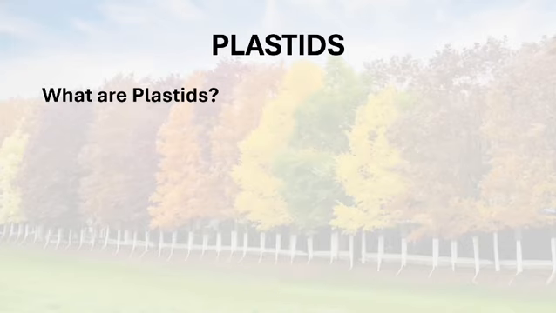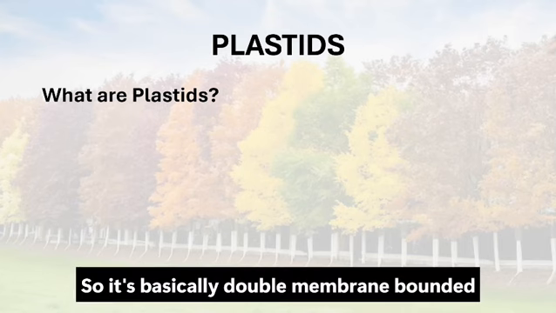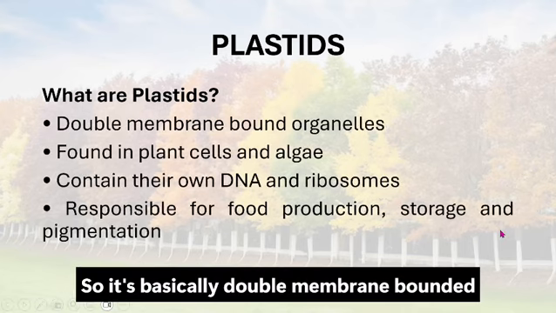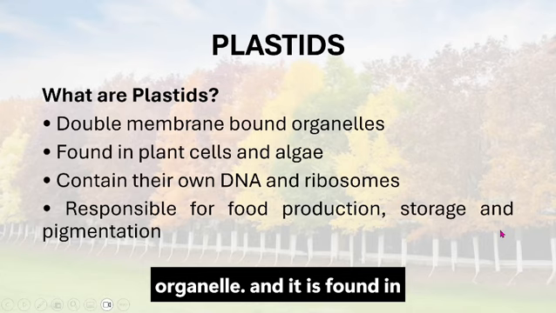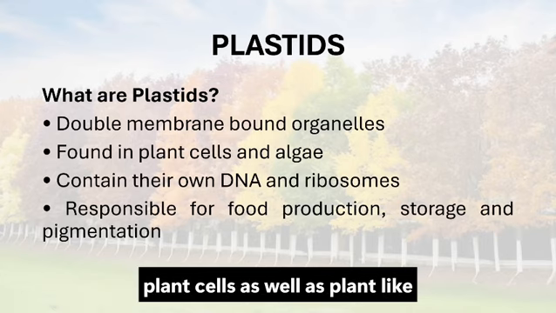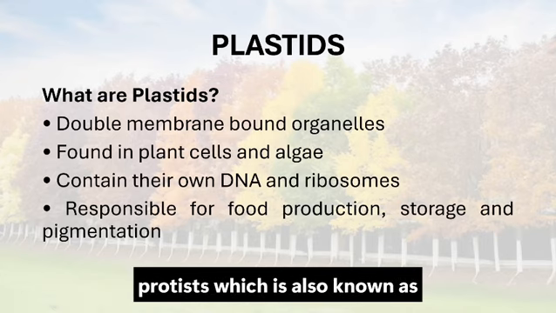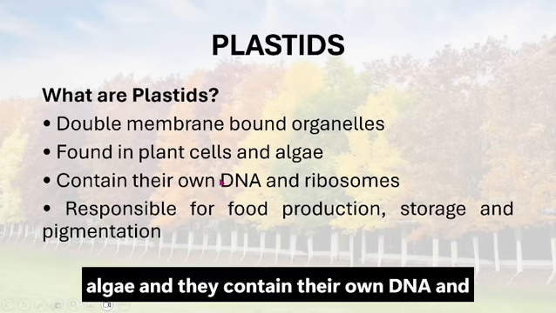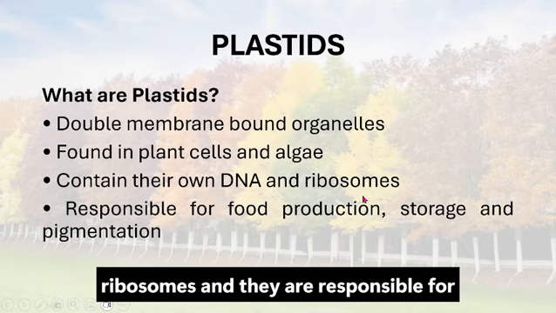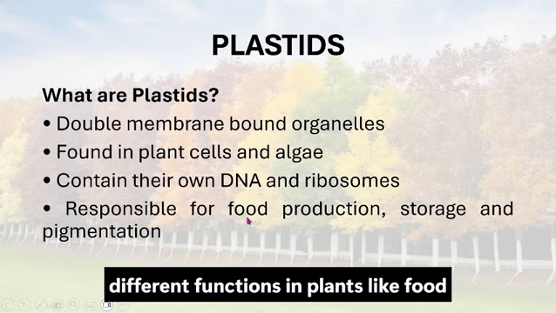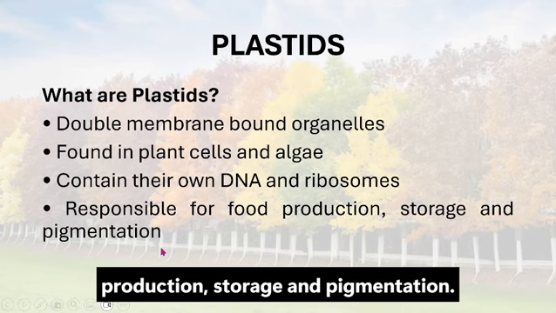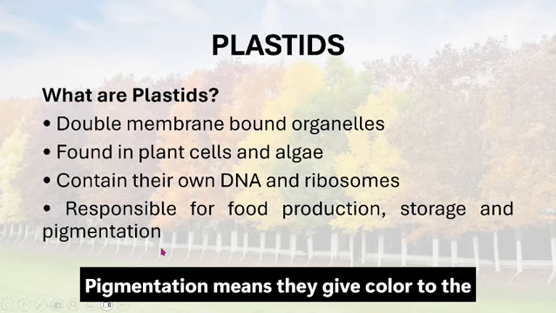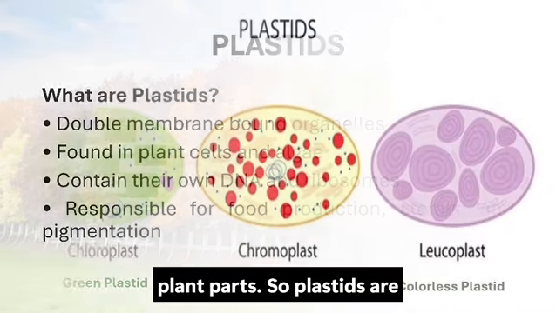They are basically double membrane bound organelles, found in plant cells as well as plant-like protists, also known as algae. They contain their own DNA and ribosomes, and they are responsible for different functions in plants like food production, storage, and pigmentation. Pigmentation means they give color to the plant parts.